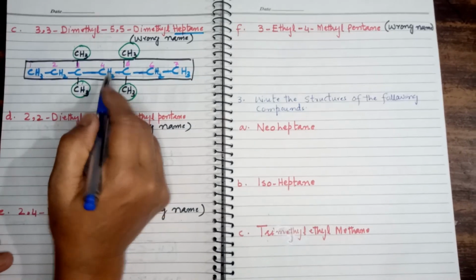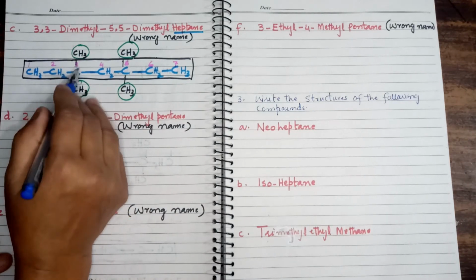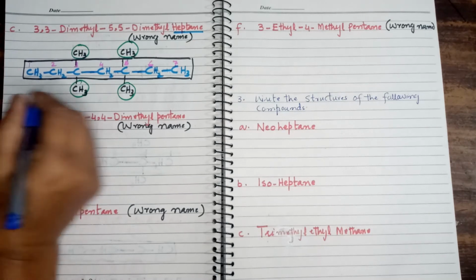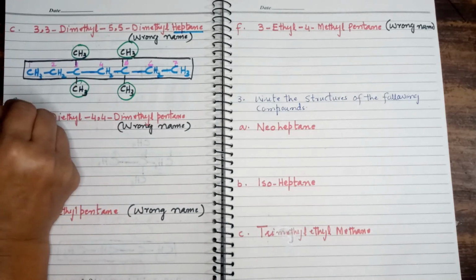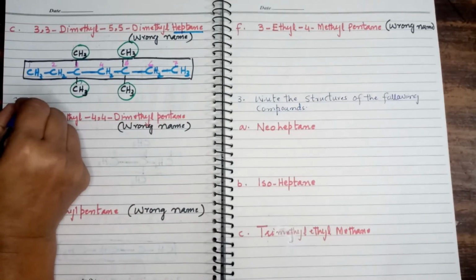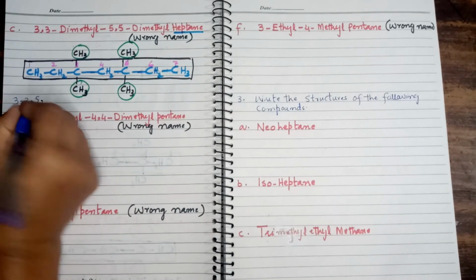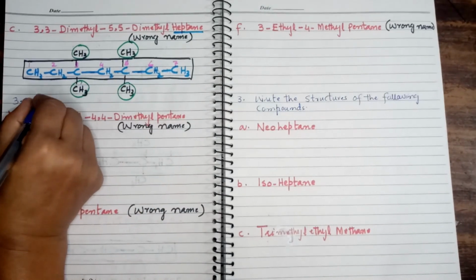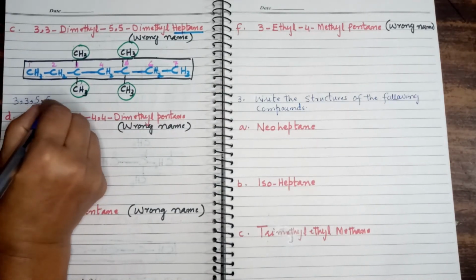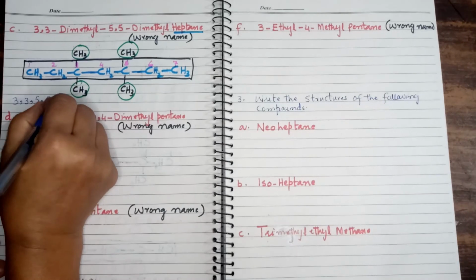All the 4 radicals, we must mention their positions. One methyl radical is attached with carbon number 3. The second methyl radical is also attached with carbon number 3, right? The third methyl radical is attached with carbon number 5, and the fourth methyl radical is attached with carbon number 5. These are the positions. Then how many methyls?